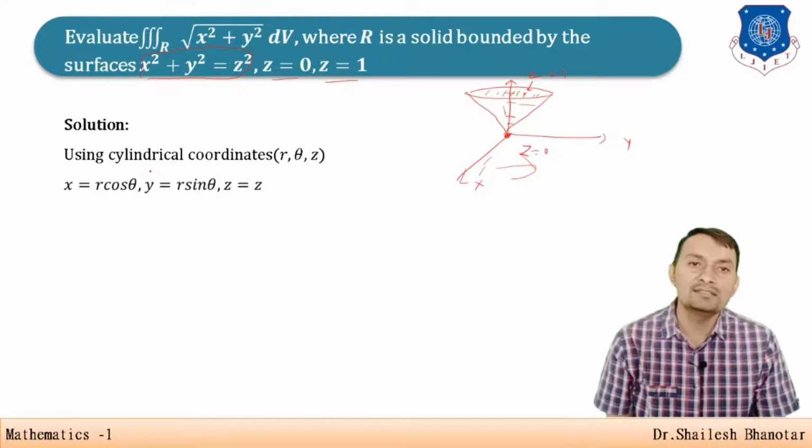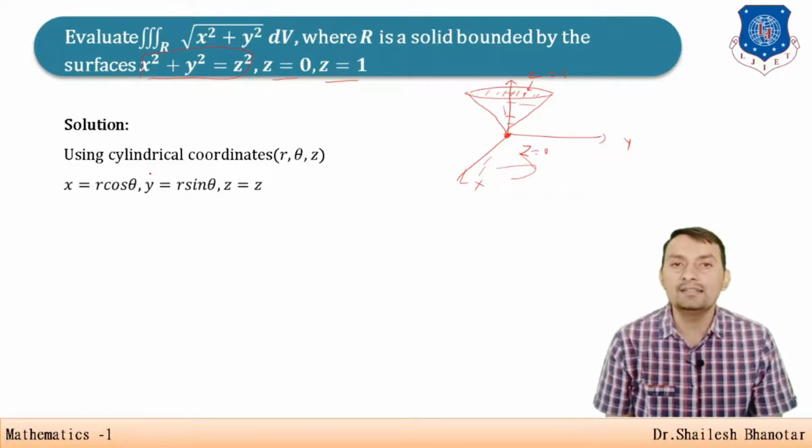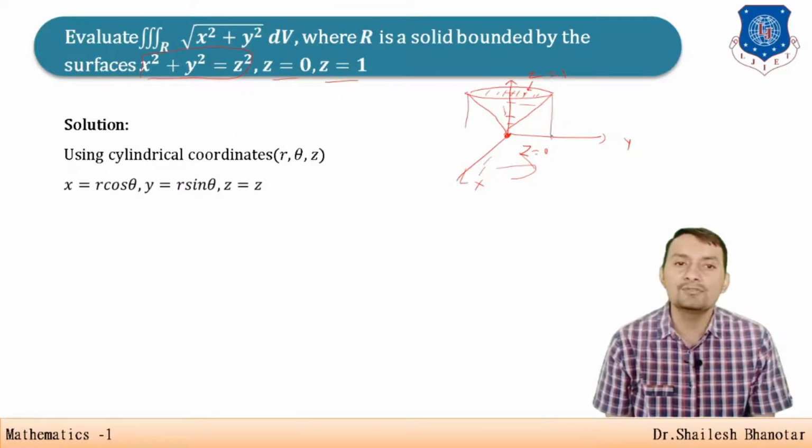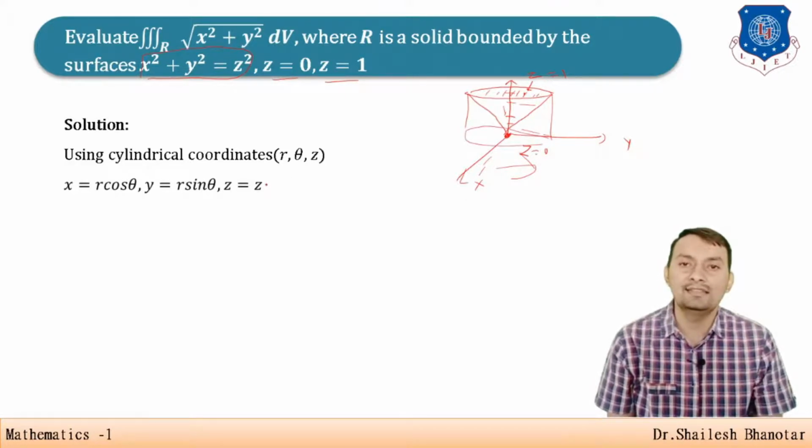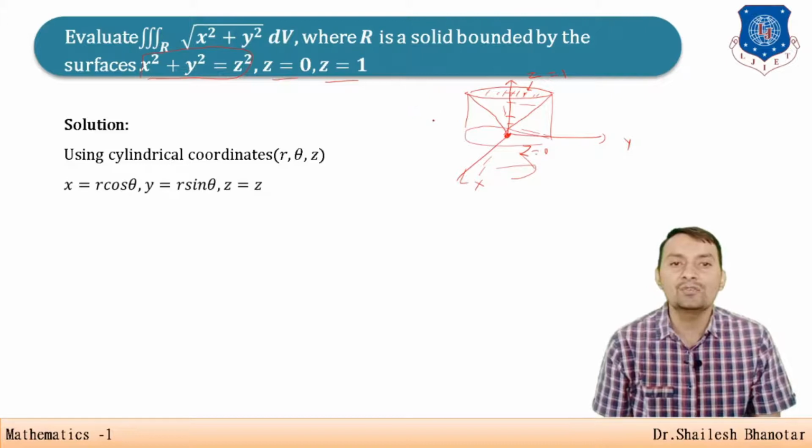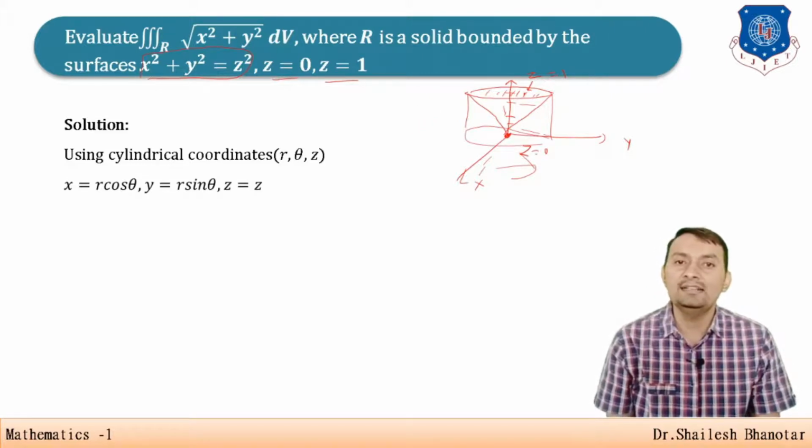You have to just consider the cylindrical coordinates, because exactly this is our cylinder. It is a part of a cylinder. So your x is equal to r cos theta, y is equal to r sin theta, and z is nothing but z.